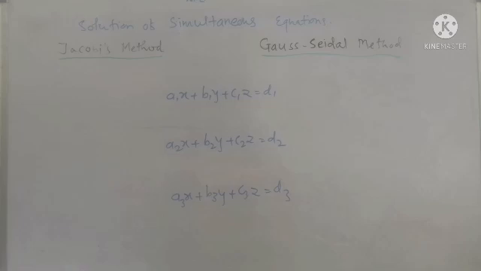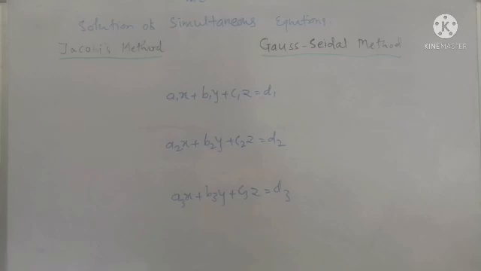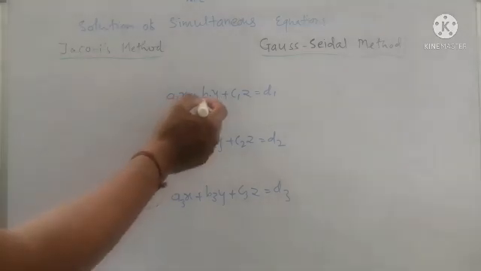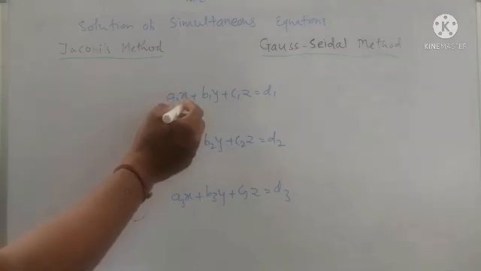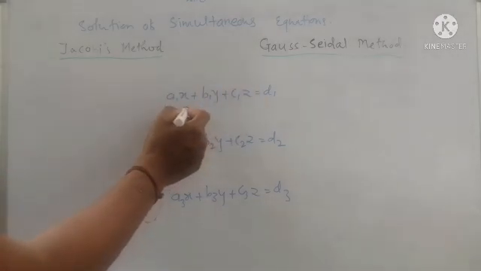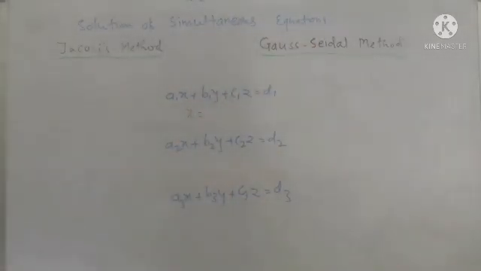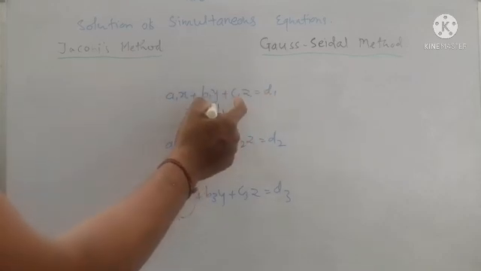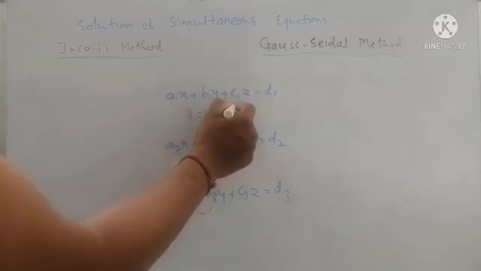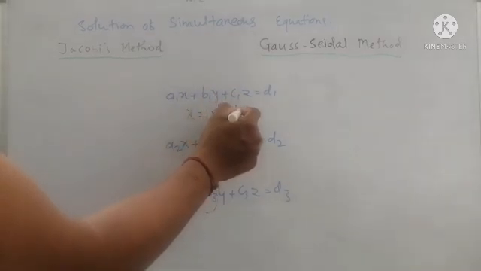Now in these methods, we are given three equations containing three unknowns. This is equation number 1. We can draw x from this equation by taking the terms of y and z on the right hand side, and there is a constant d1. By taking the term of y, we change the sign, as it was plus on the left hand side, so we take minus, so minus b1y.